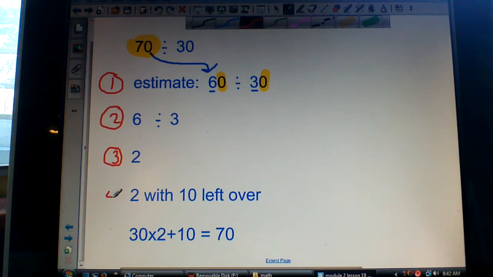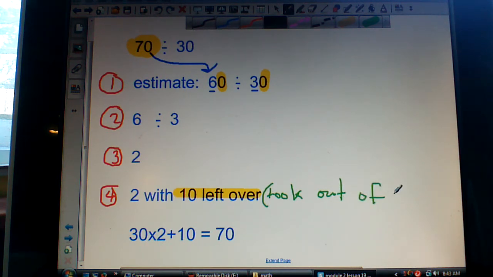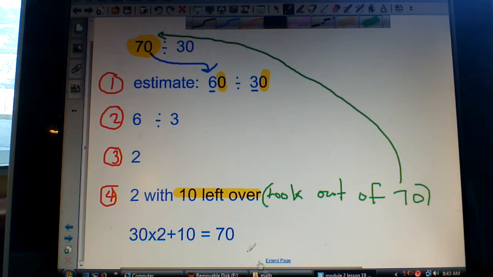Step 4 is the answer with the 10 left over that we took out of 70 from before. Now we have to put it back, okay?